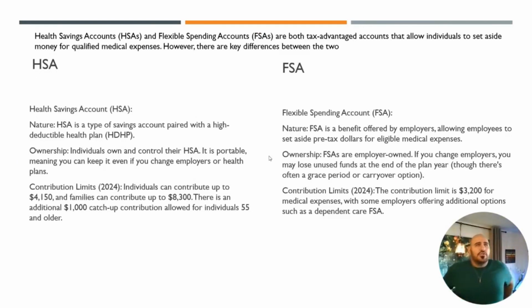Now some insurances as well, you would have a benefit called HSA or FSA. There are two different ones. HSA is a health savings account and FSA is a flexible spending account. Both of those are pre-tax.